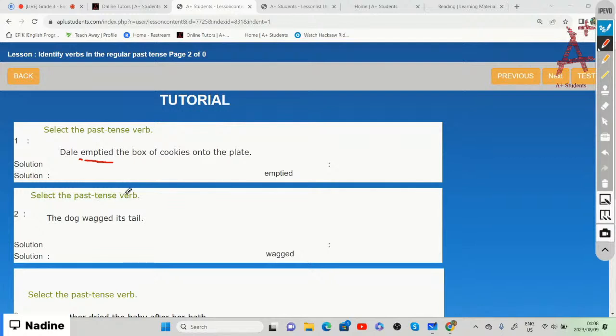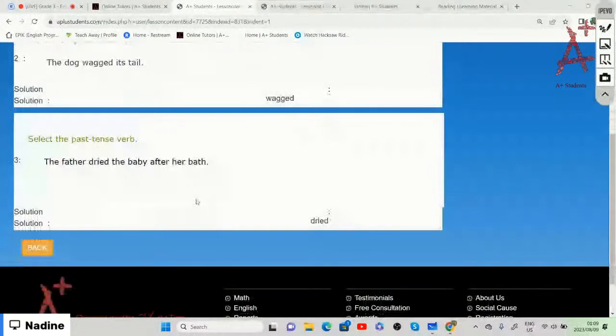The dog wagged its tail. If we select the past tense verb, then we can select it as wagged. So wagged its tail. And then the father dried the baby after her bath.